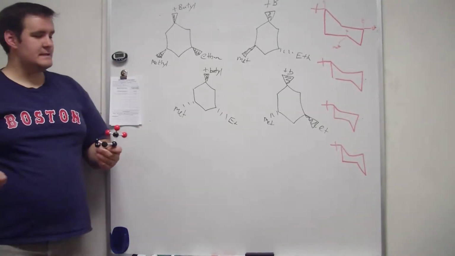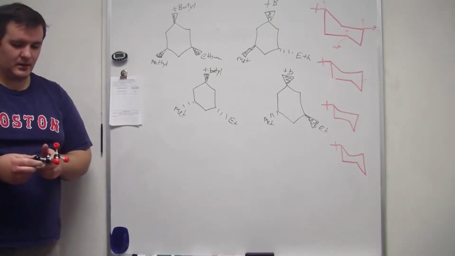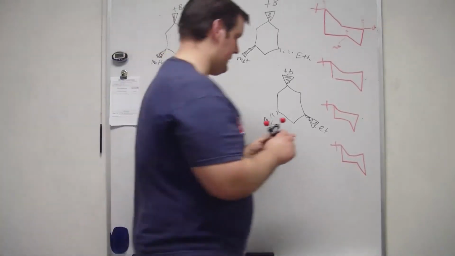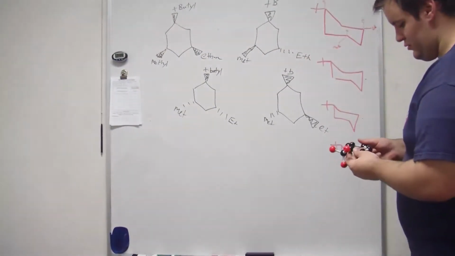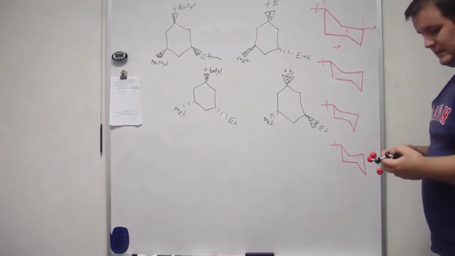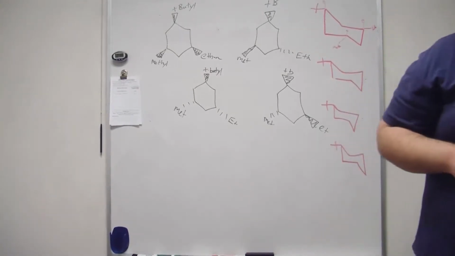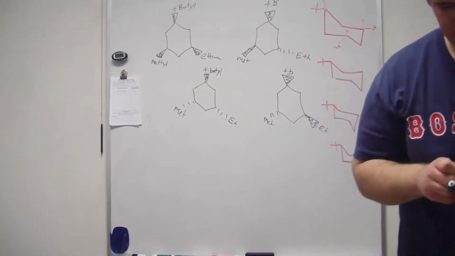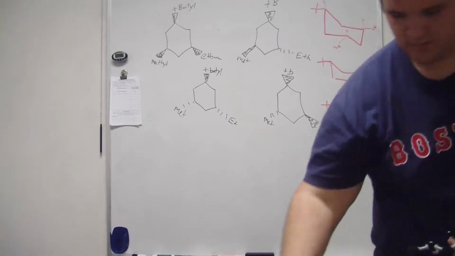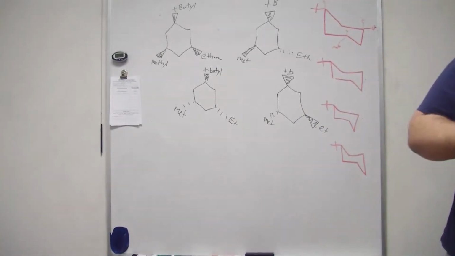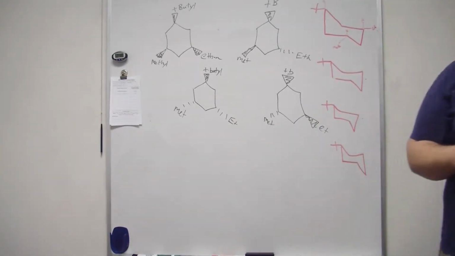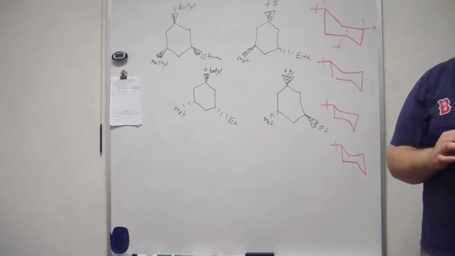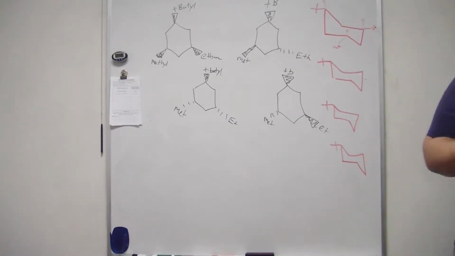Your question was, does down mean equatorial? Not necessarily. It's like she said in class, when you number the cyclohexane chair, you usually start at number 1.